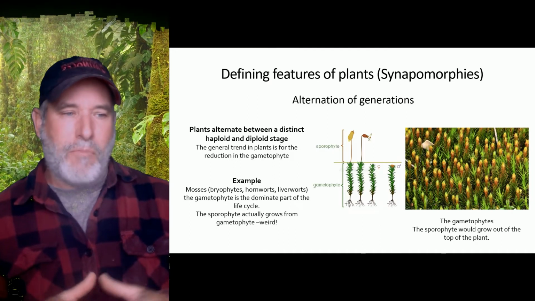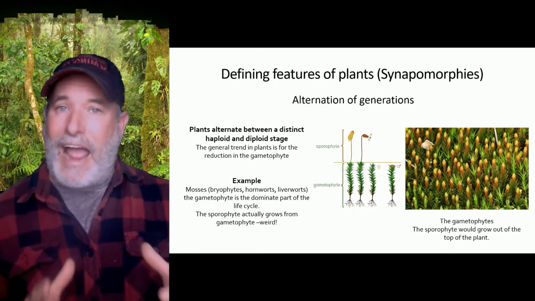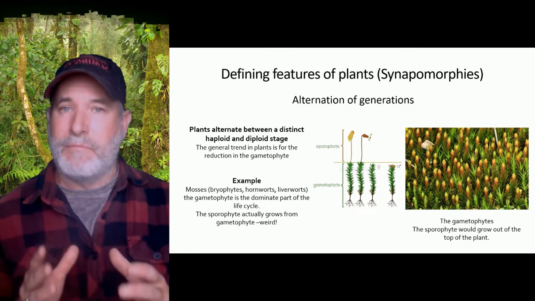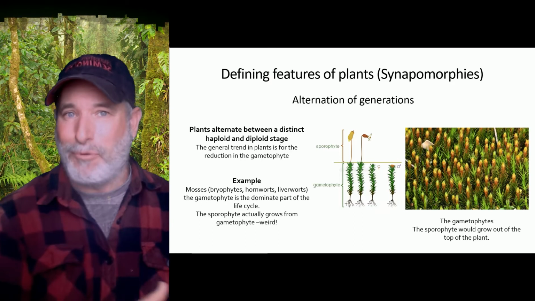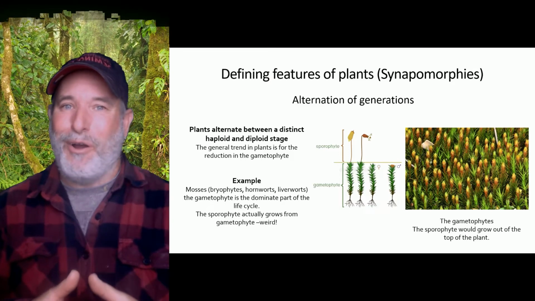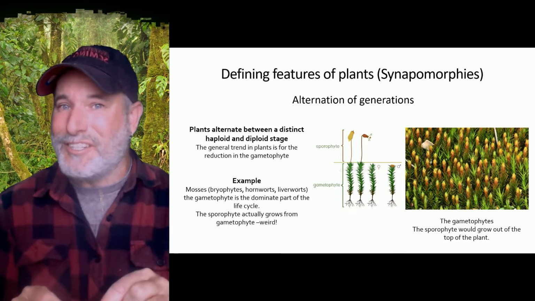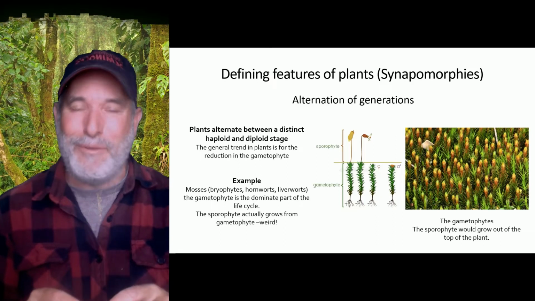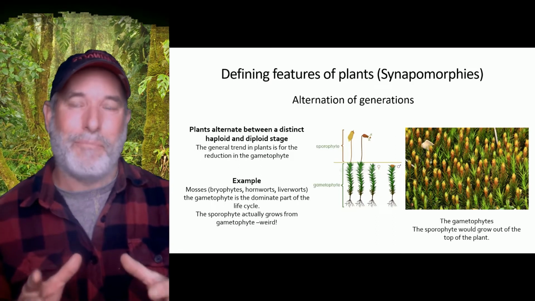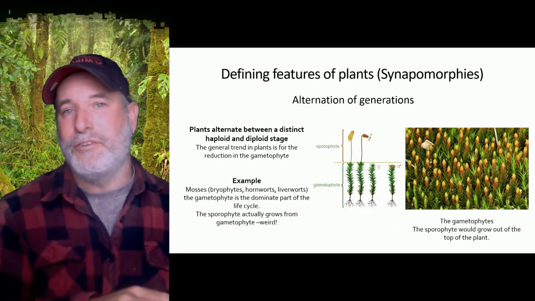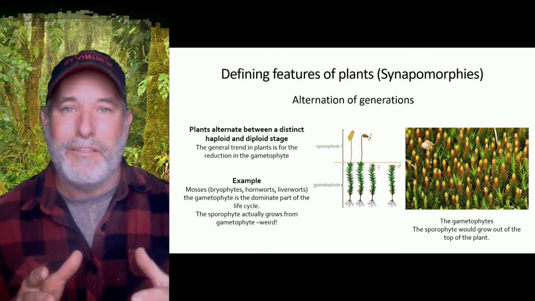And if you look at this moss here, you're actually looking at the gametophyte, the haploid part. Okay, you're looking at the part that only has one copy of the genome, and through mitosis, making duplicate copies, it will produce a haploid gamete that will then fuse to form the sporophyte.